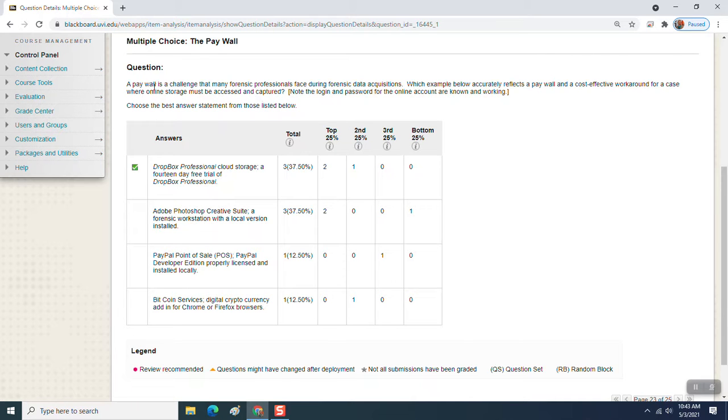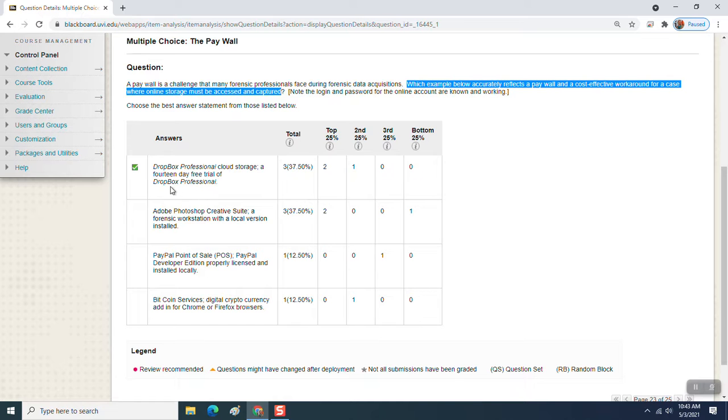Oftentimes there's a paywall. It's a challenge that many professionals face during forensic data acquisitions, which example below accurately reflects a paywall and a cost-effective workaround for a case where online storage must be accessed and captured. Note the login and password for the online account are known and working.